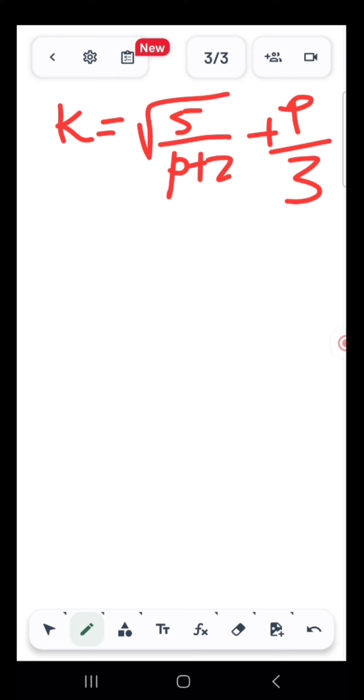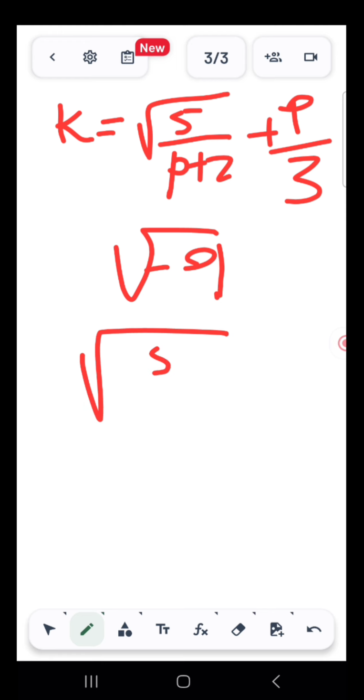Now this takes us to a non-real number. What's a non-real number? A non-real number is when you have a square root of a negative number, right? Like the square root of negative 9. So we look past the square root, we have 5 over p plus 2.